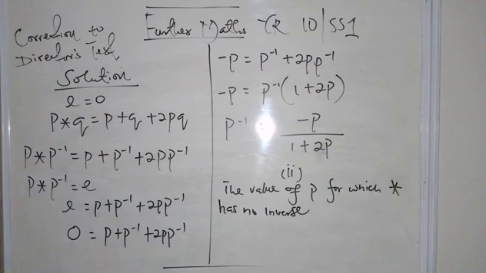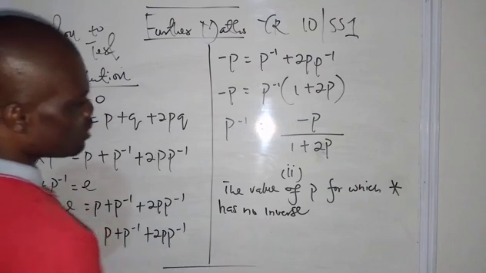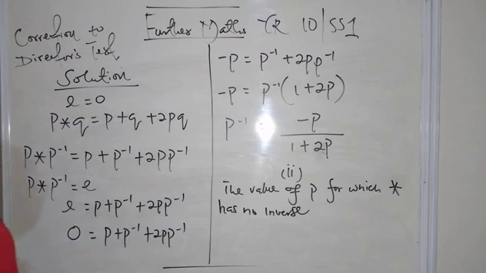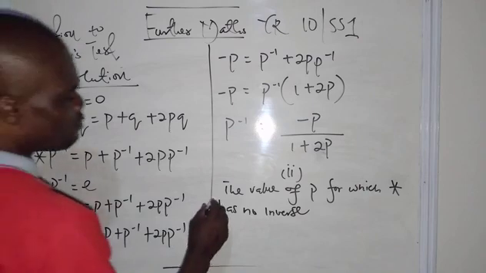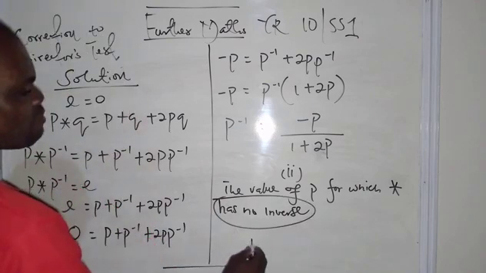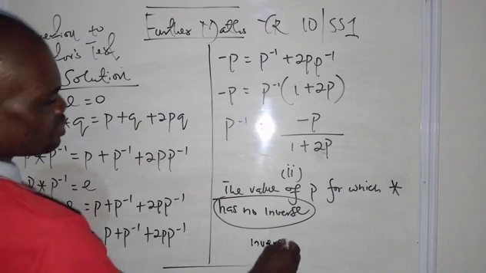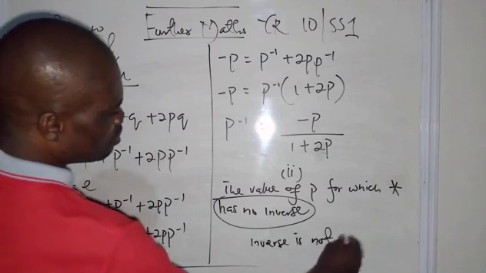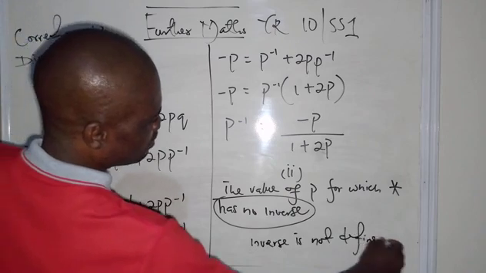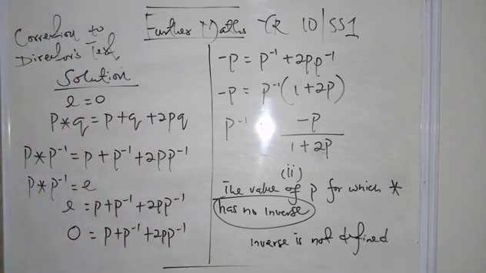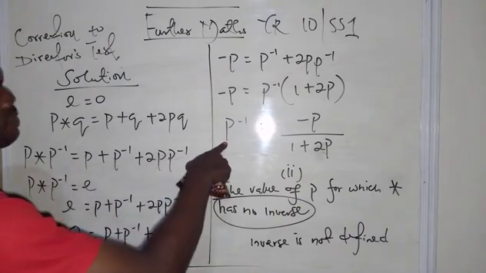That is to tell us that if it is going to have no inverse, the inverse is not defined. To have no inverse means that the inverse is not defined.